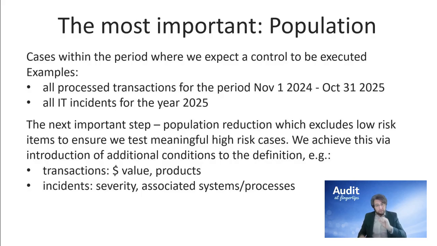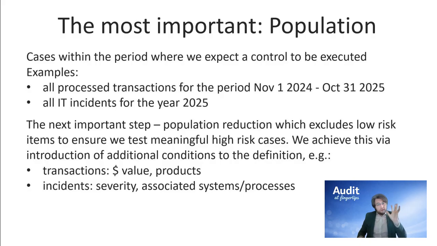Again, it's not about reducing the scope of work. It's about making the work more efficient, making audit procedures bring more result, more value, contribute more to the quality of our assurance. Therefore, for instance, for transactions, we may apply particular thresholds for the values, right?